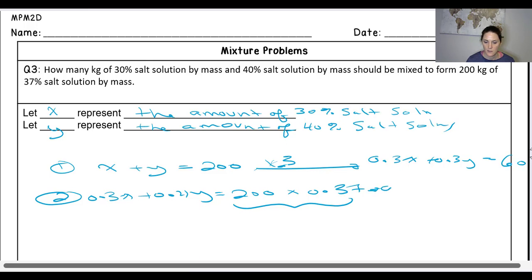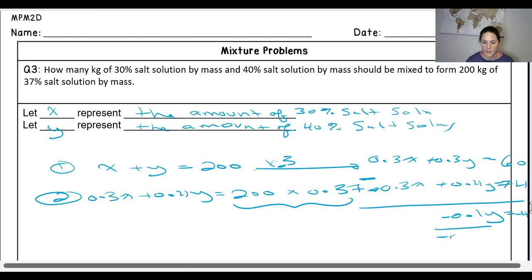And 0.3x plus 0.4y equals 200 times 0.37 is 74. Go ahead and subtract the two equations. So 0.3 subtract 0.4 is negative 0.1y. 60 subtract 74 is negative 14.